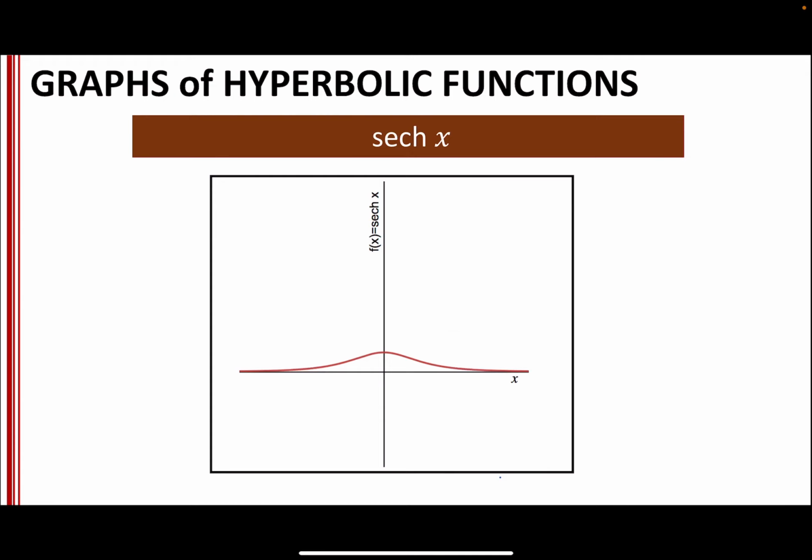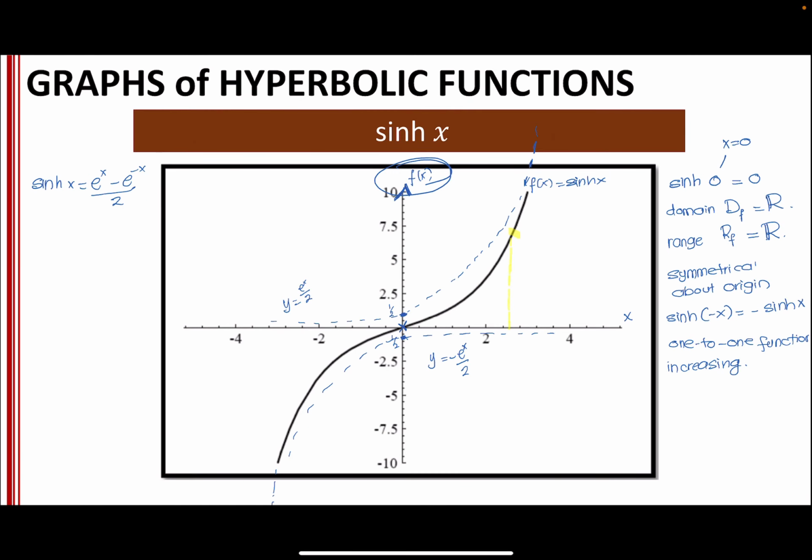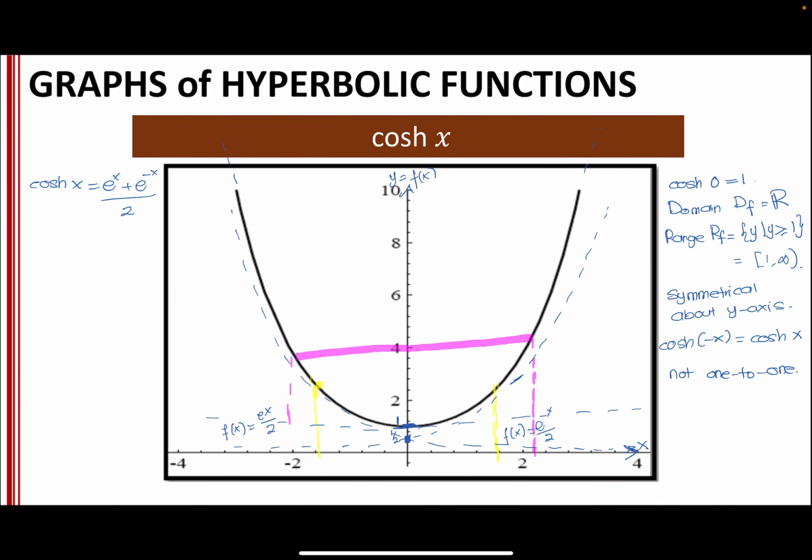The next graph is secant x, which is equal to 1 over cos x. By definition, it is equal to 2 over exponent x plus exponent negative x. So it comes from the graph of cos x, and it is 1 over cos x.